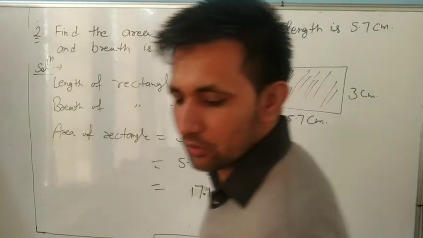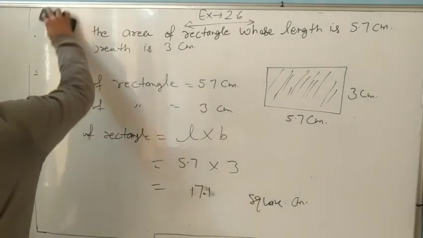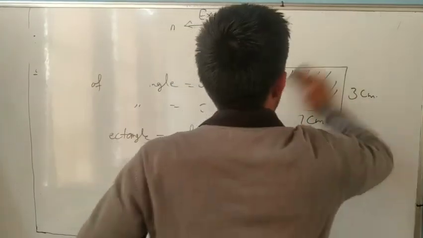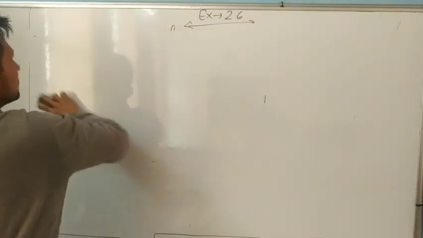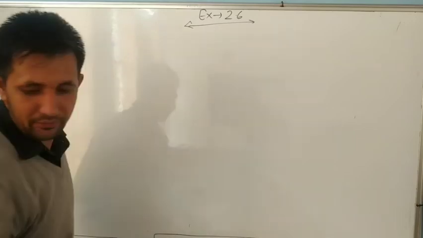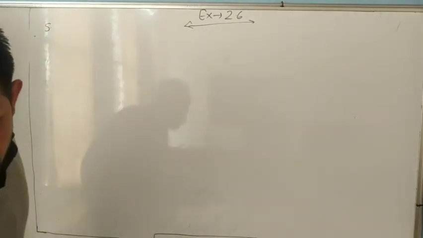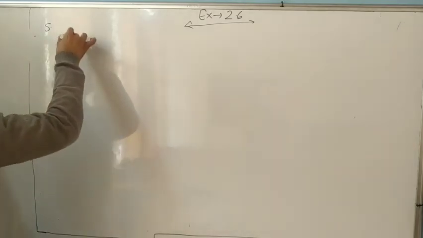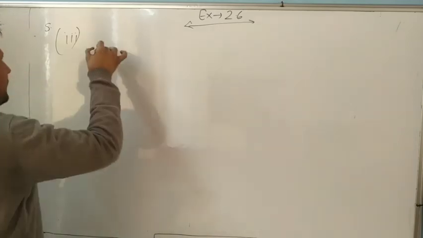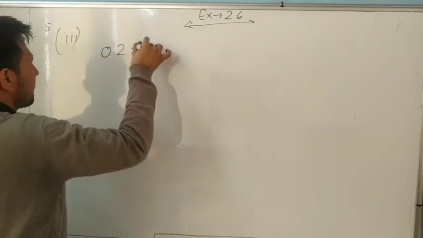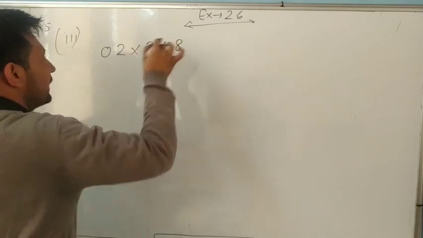Okay, now question number 5. You have to do question number 5 now. Look at question number 5, part number 3: what is 0.2 multiplied by 316.8?